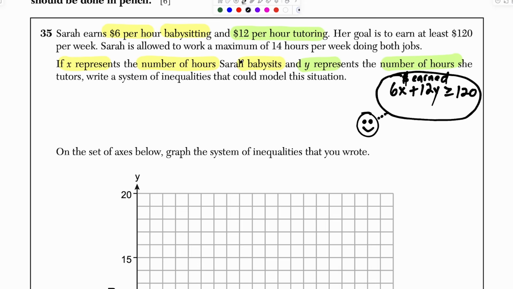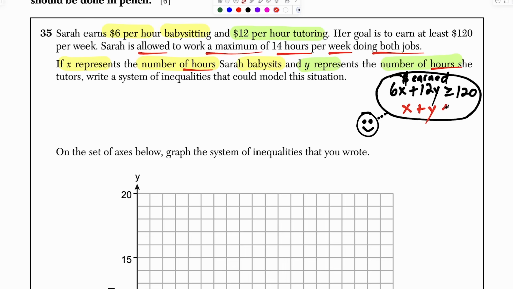And then next, we're told that Sarah is allowed to work a maximum of 14 hours per week doing both jobs. So x and y represent the number of hours that Sarah is working. So if we add her hours spent babysitting plus her hours spent tutoring, she's allowed to work a maximum of 14 hours per week.